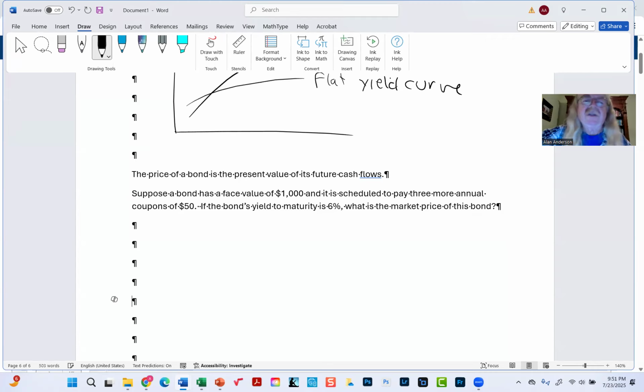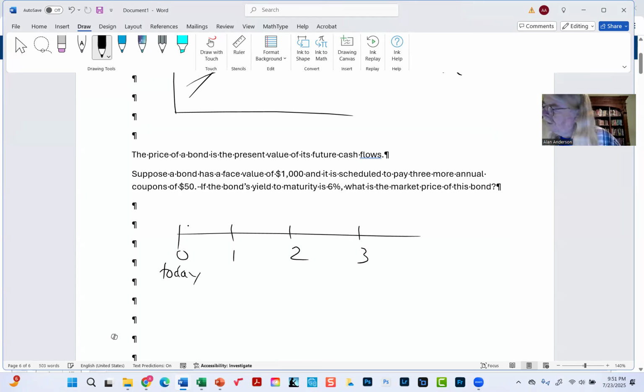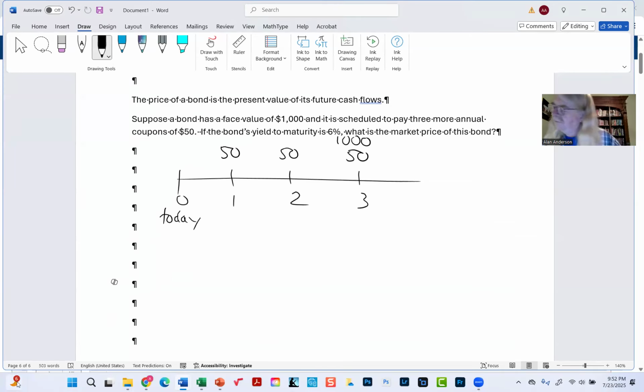So what you're basically doing is this. Here's your cash flows. Today's time zero. Now, year three, we get both a $50 coupon and we get our face value back. The bond is redeemed at the full face value. So the value of this bond is the present value of those cash flows.